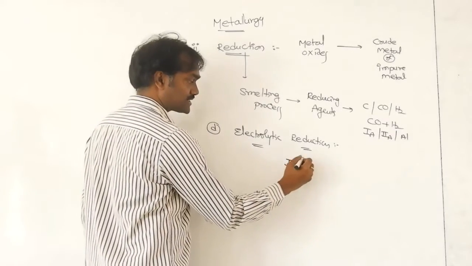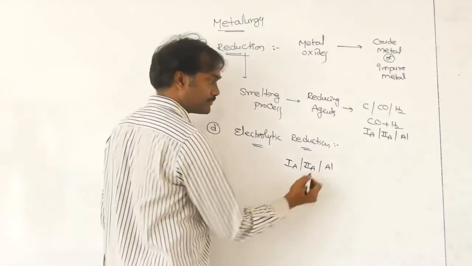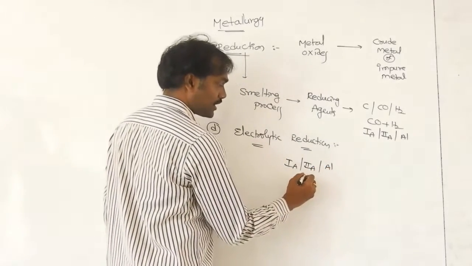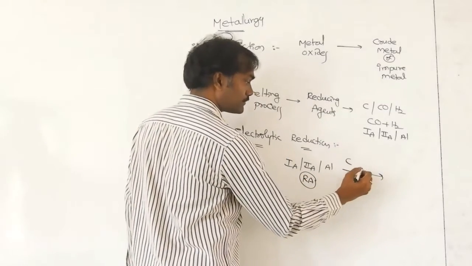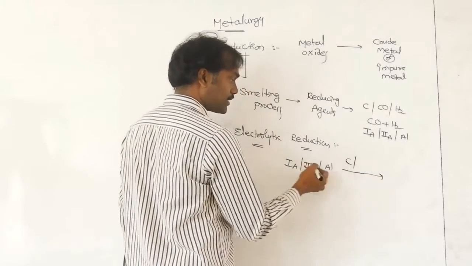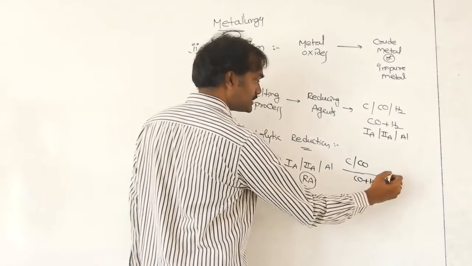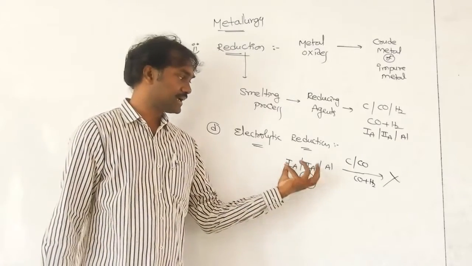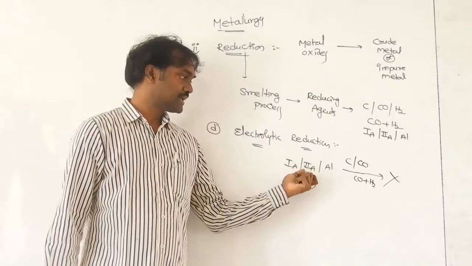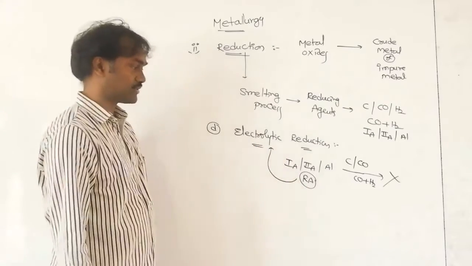You take first A group, second A group, and aluminium. These are strong reducing agents. Suppose you treat them with carbon, carbon monoxide or water gas, these are not useful reducing agents to extract these metals. So for these metals, we compulsorily use the electrolytic process only.